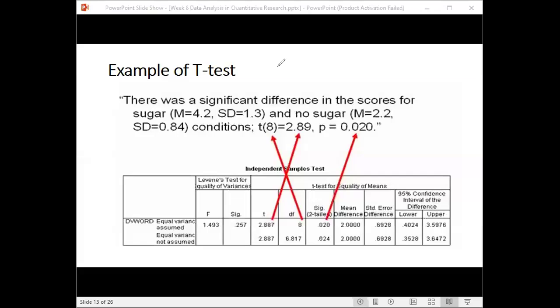right? It can be that one group, the mean is, let's say, 3.5, right?